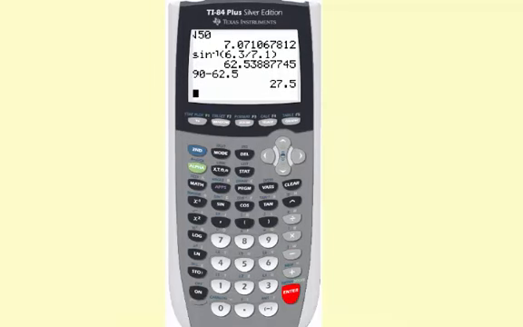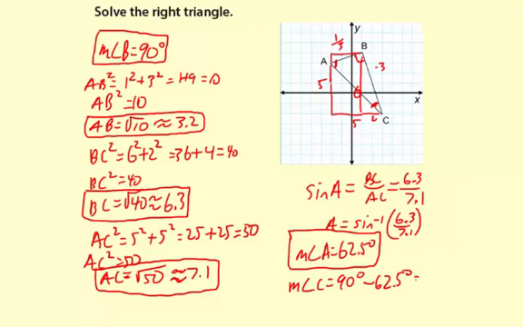And that is 27.5 degrees. Measure of angle C is 27.5 degrees. Okay, so now we've solved for all three unknown sides, all three unknown angles.